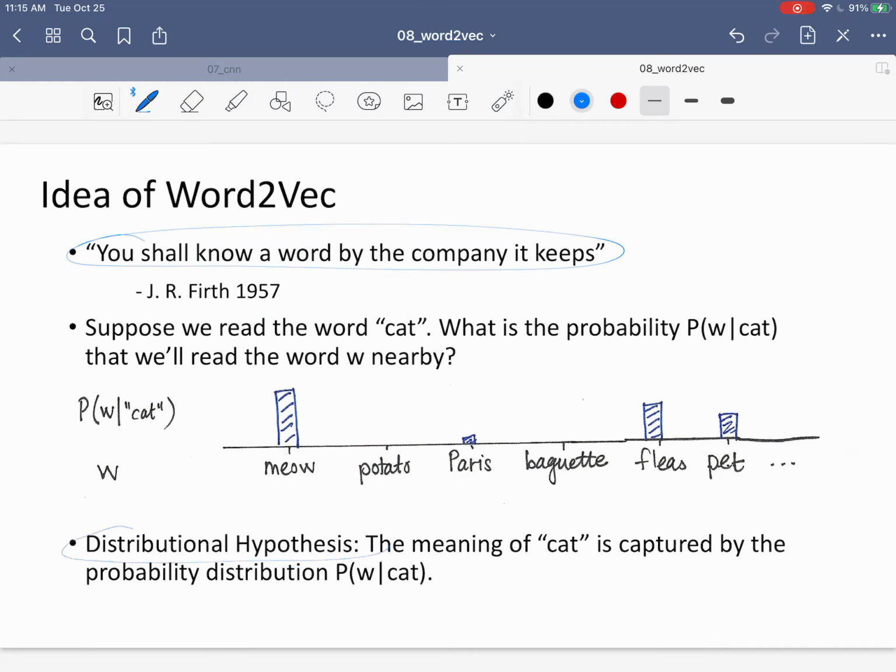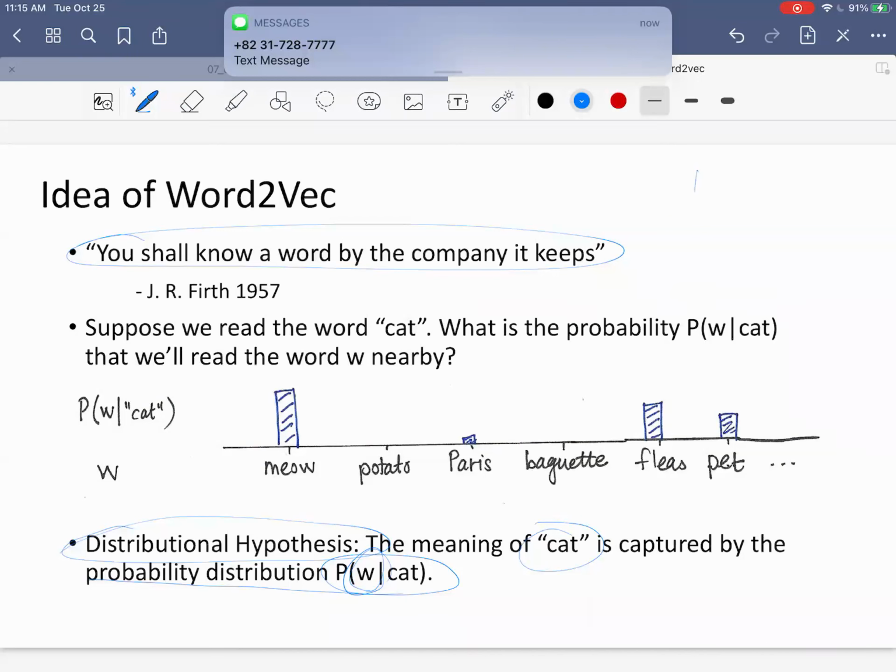Here, the distributional hypothesis: the meaning of a cat. We want to learn a representation of cat, a word embedding or vector representation of cat. And how do we train, how do we derive a specific continuous-valued vector for cat? The meaning of cat is captured by the probability distribution P(w | cat), w being the words around cat. Cat should co-occur with what?